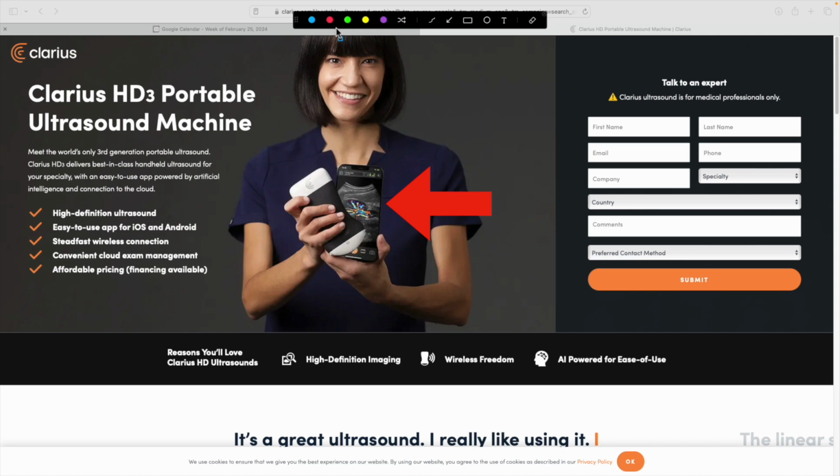One option would be to show the use by the medical professional, going over their shoulder, showing the app, showing the professional using the app with a patient, scanning with a patient, giving them a better sense of the benefit and application of this particular device to their day-to-day life, their day-to-day work.